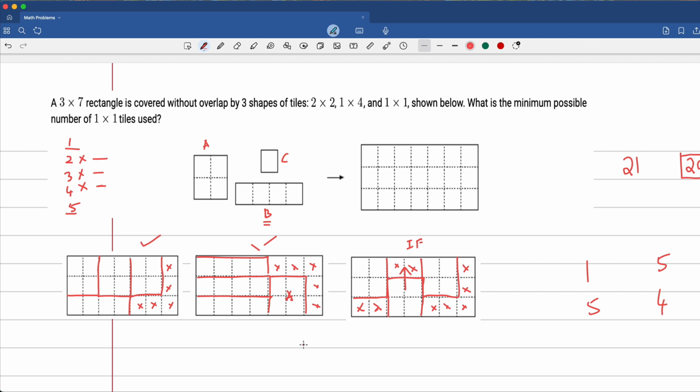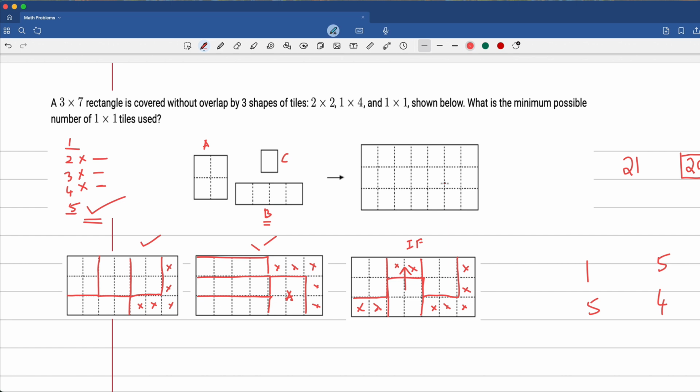So the constraint of the shape ensures that you'll never be able to fit 5 of them together. The best you can do is 4, which is like 3 A's and 1 B, or 3 B's and 1 A, but not all 5. And that's the reason the answer has to be 5 1 by 1 squares at the minimum necessary to fit into this 21.